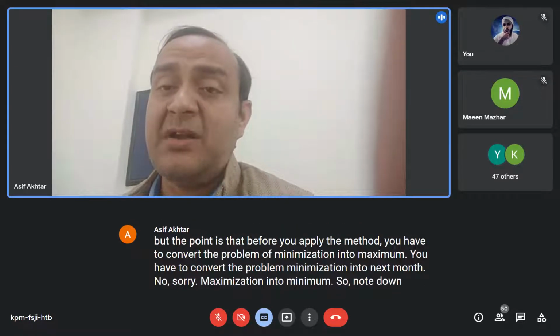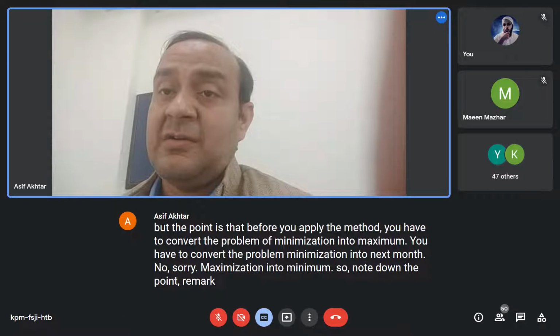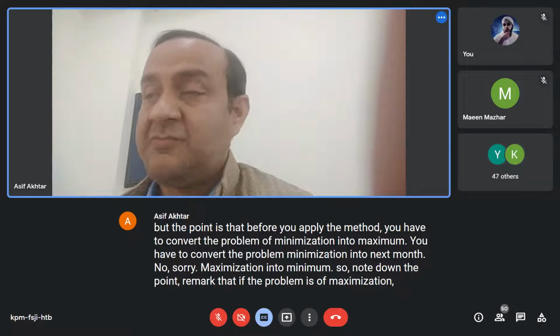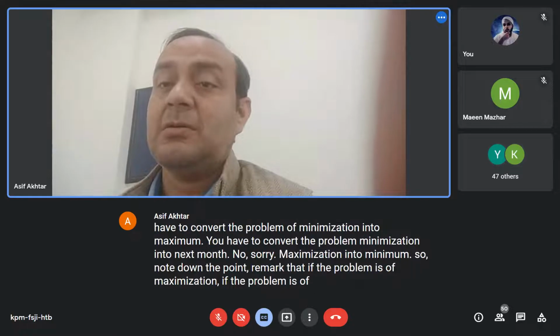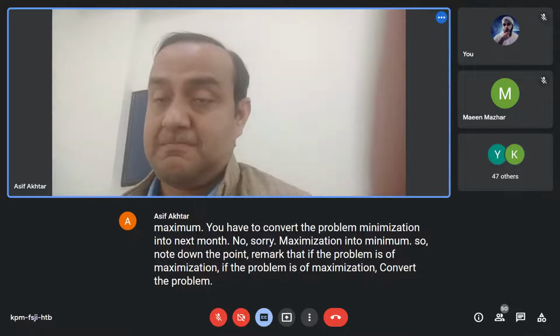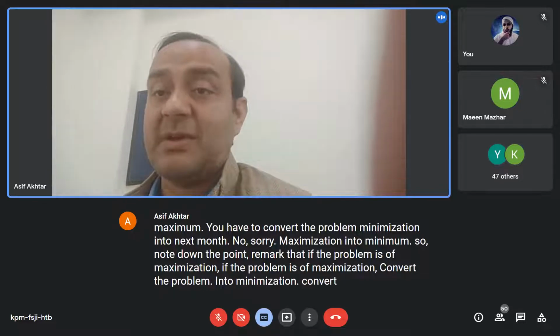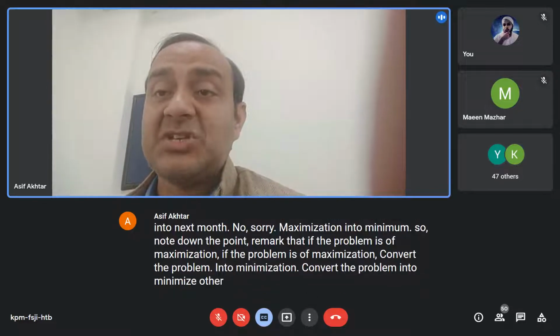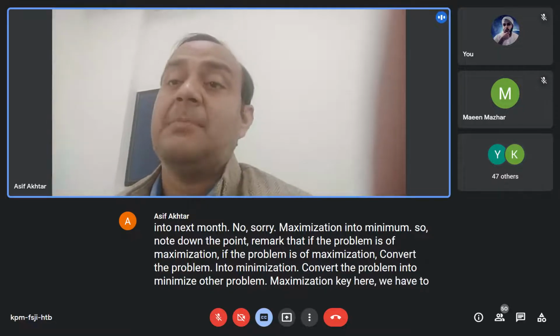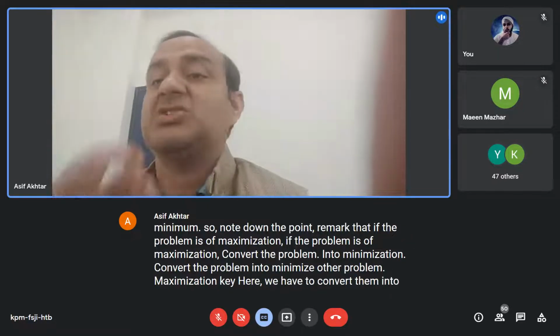So write down the remark that if the problem is of maximization, convert the problem into minimization. अगर प्रॉब्लम मैक्सिमाइजेशन की है तो पहला स्टेप हम ये करेंगे कि we have to convert them into minimization.